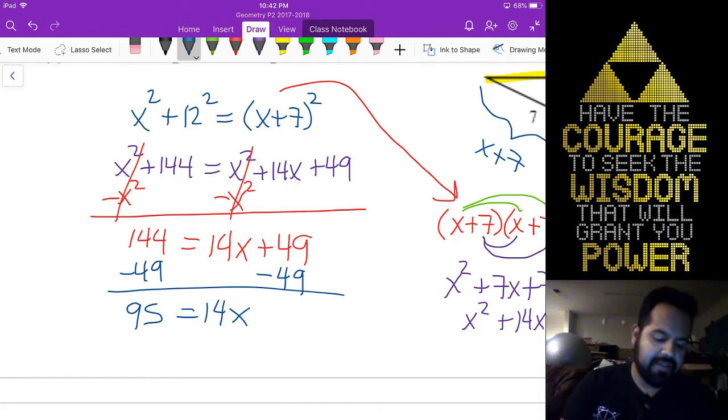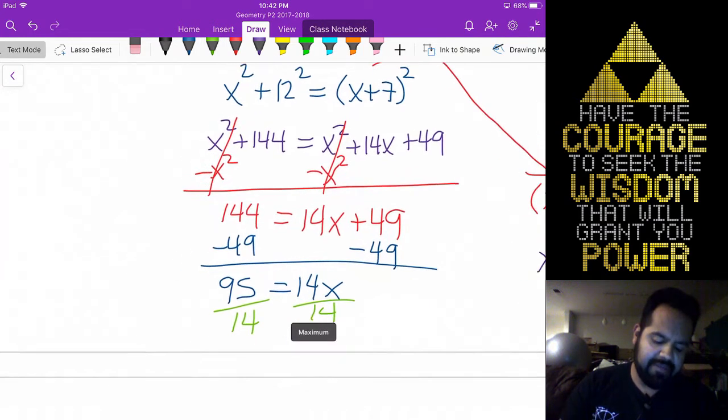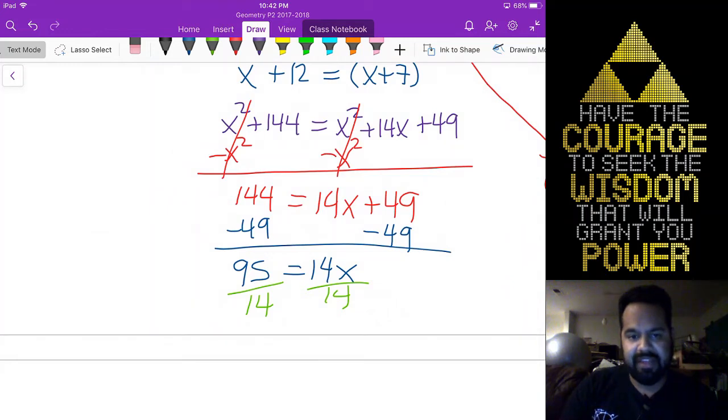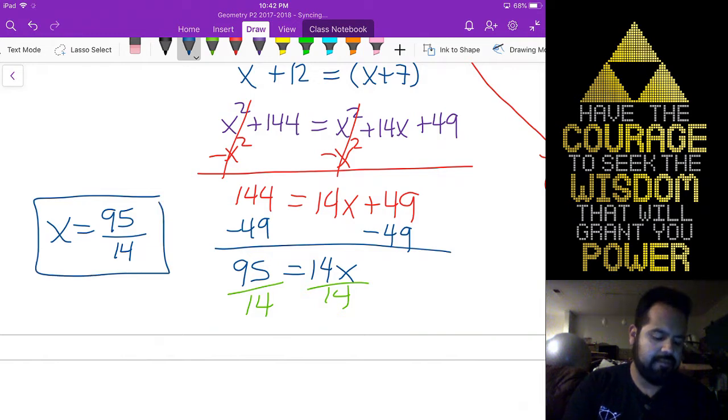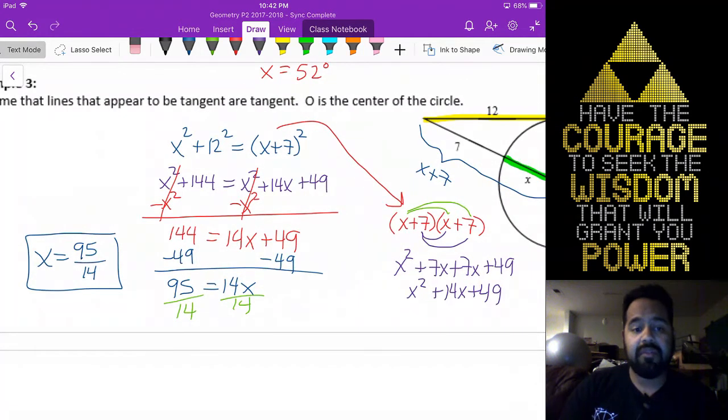So now you're going to go ahead and divide both sides by 14. Now, I don't believe 95 and 14 simplify at all, so you can just simply leave your answer as the improper fraction. There will be some instances where you can have an improper fraction, other times you won't.